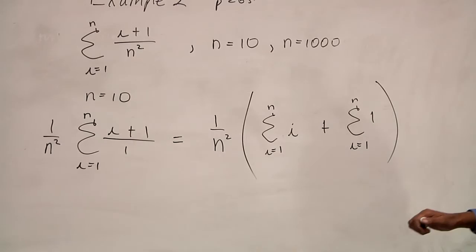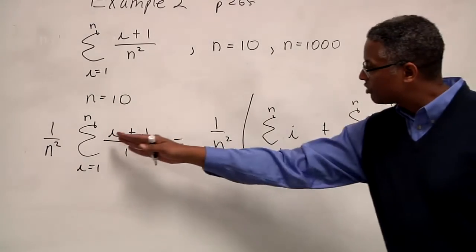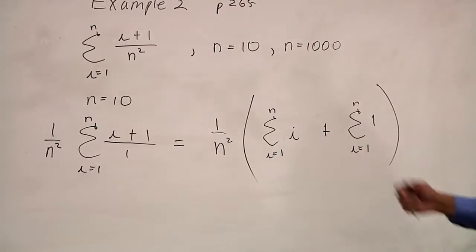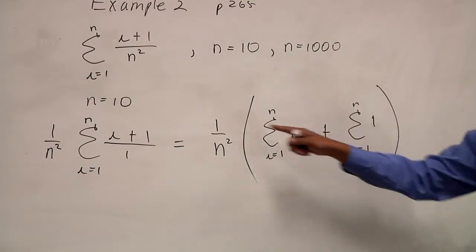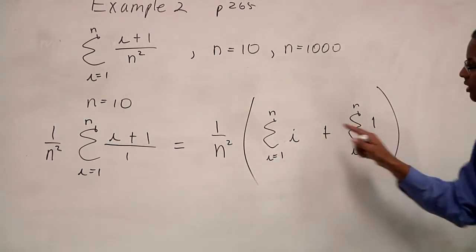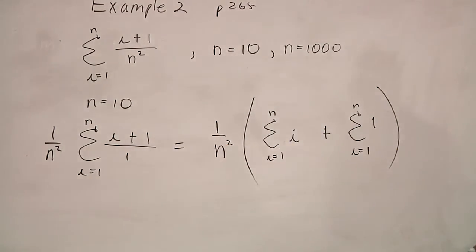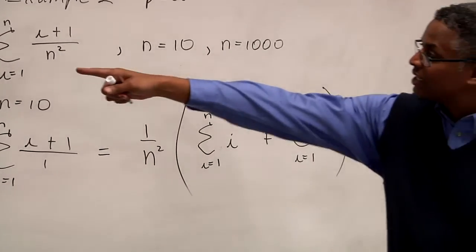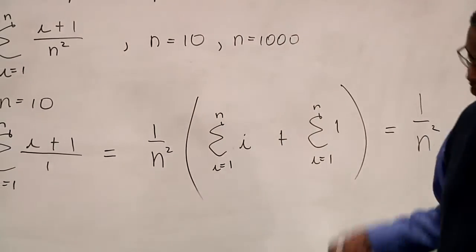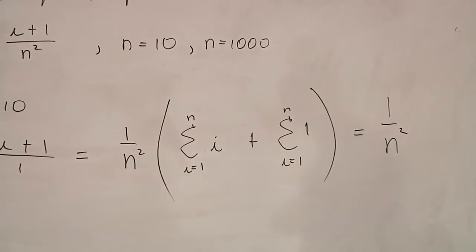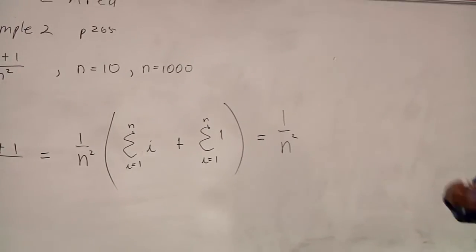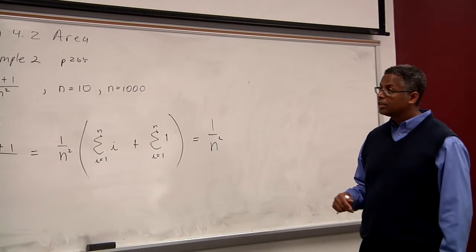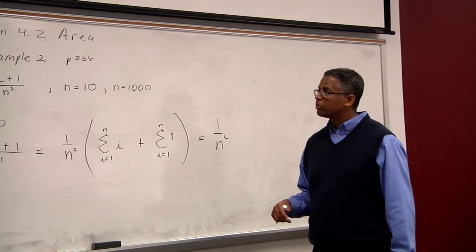So essentially what I did was break this up into two different summations. There's your i, and then here's your 1 from the original expression. The next thing we're going to do is refer to the formulas we have on the side here, and internally, mentally apply the 4-step process we've been discussing all semester. You know, state the formula, substitute, solve. And so you're very familiar with that already.